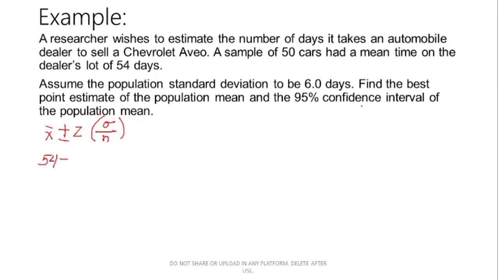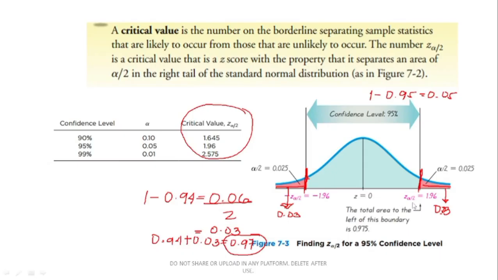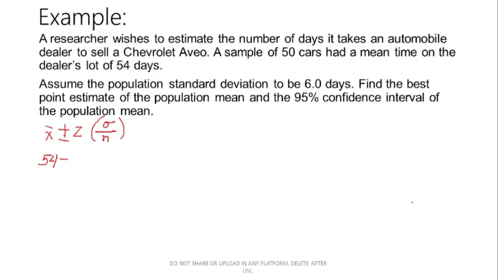For a 95% confidence interval, the critical value is 1.96. So that would be 1.96 times our standard deviation of 6, all over the square root of our total sample of 50.